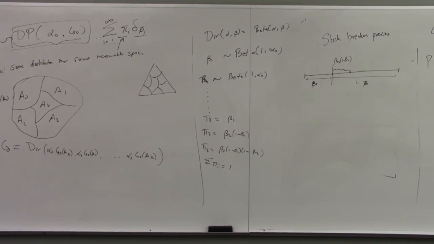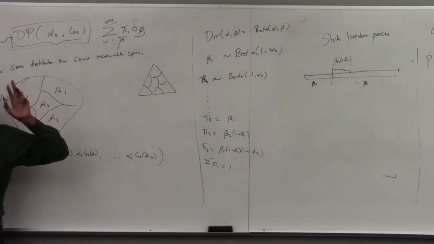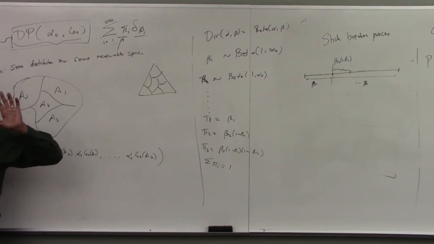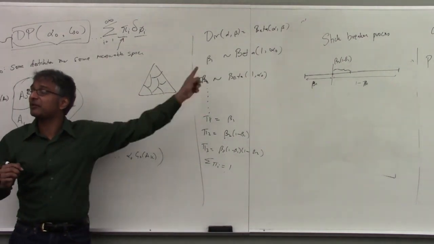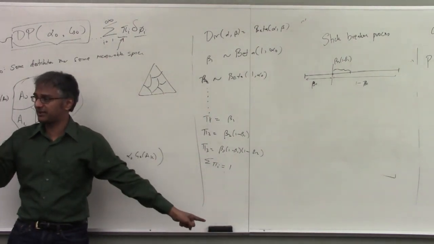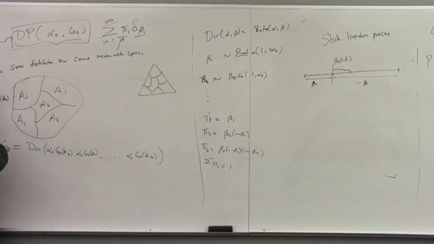For the Dirichlet process, which is infinite dimensional, I don't have a good way of sampling the pi i's. I can't sample from an infinite dimensional simplex. Alternately, I'm going to do this. So that's my replacement of the Dirichlet distribution sampling. That gets me this, which now gives me the infinite dimensional analog of a Dirichlet distribution. Make sense?